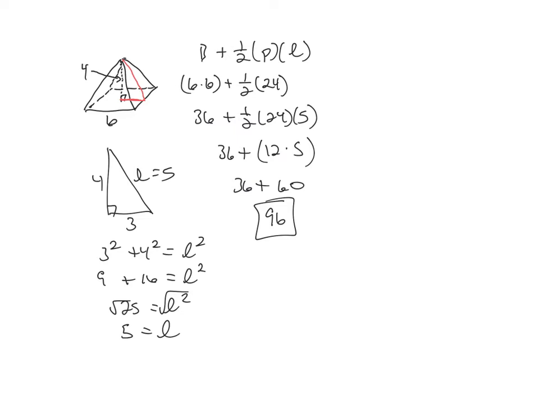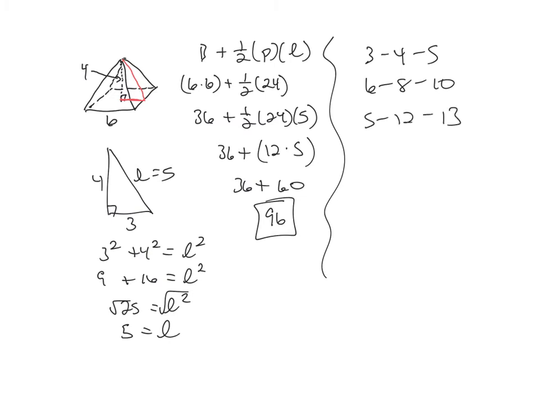I will tell you that on all of them, the right triangle will be a 3, 4, 5, a 6, 8, 10, or a 5, 12, 13. So if you can remember those, where the last number is always the hypotenuse.